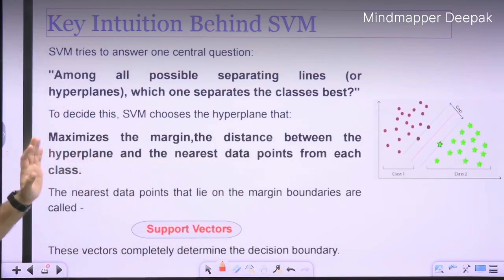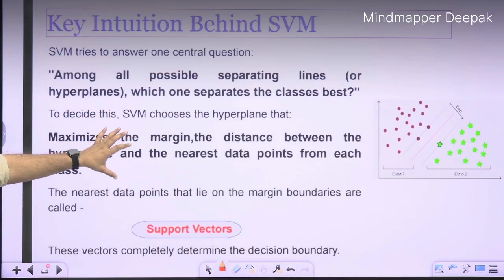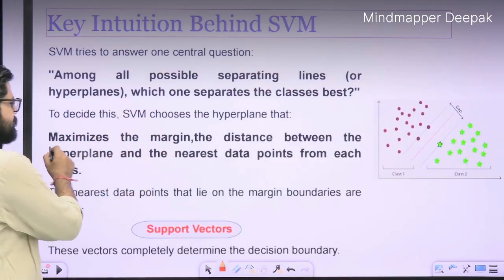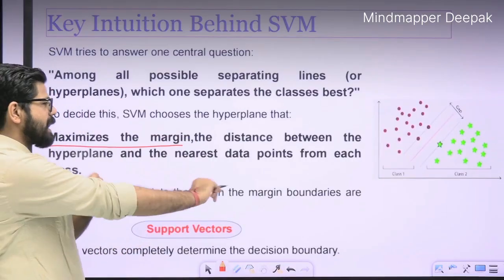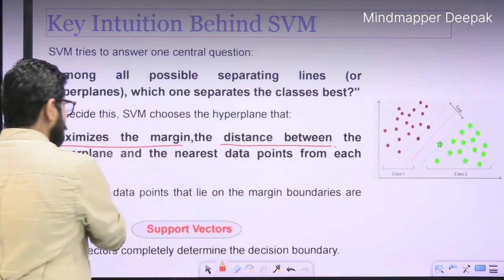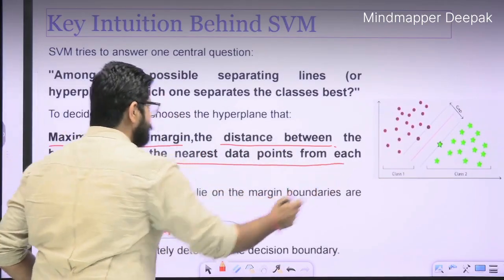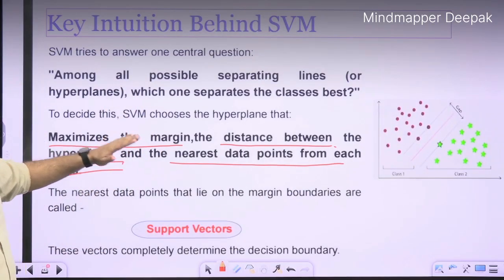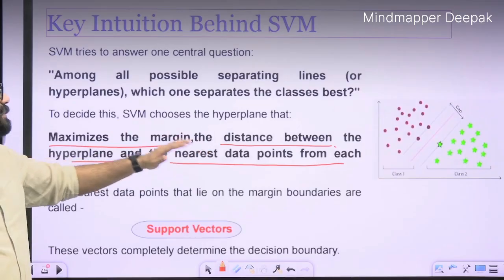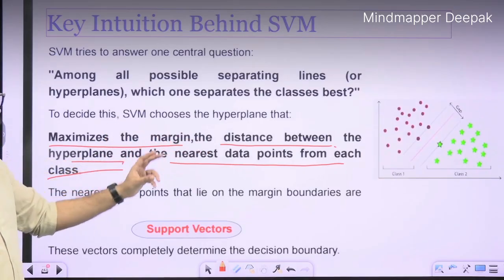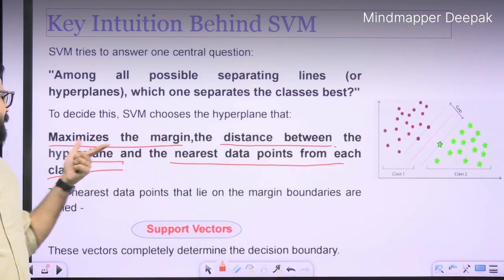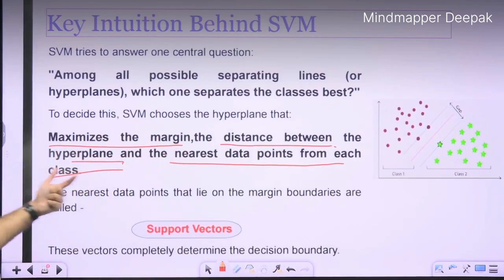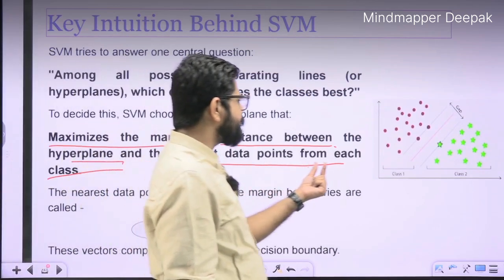SVM chooses the hyperplane that maximizes the margin, the distance between the hyperplane and the nearest data points of each class. What is the margin? It is the distance between the hyperplane and the nearest points from each class. So here you can find that there are two different classes.